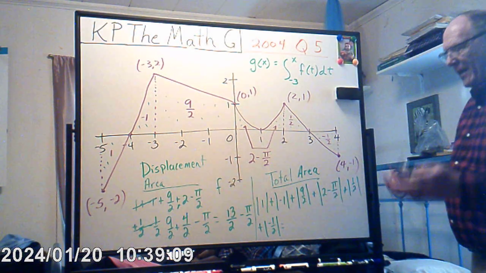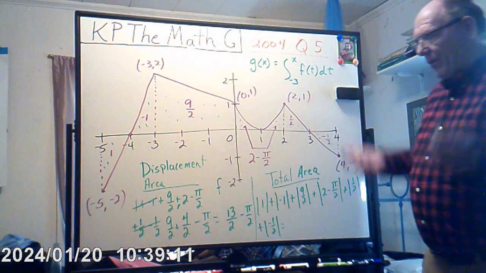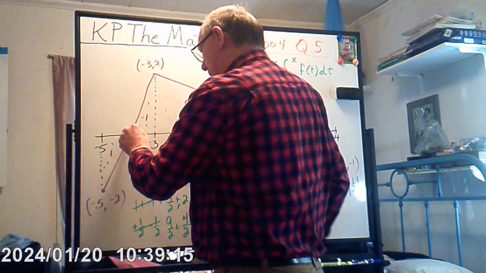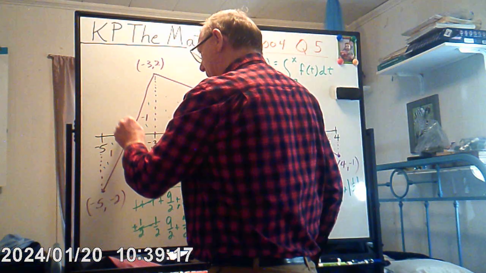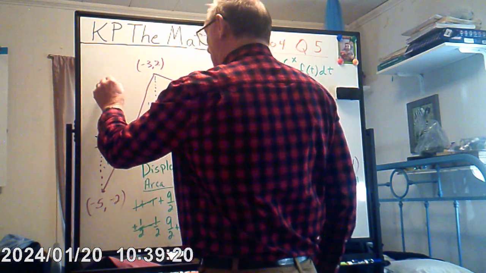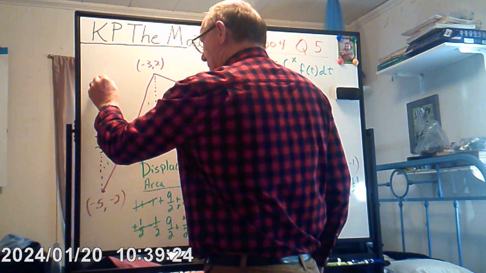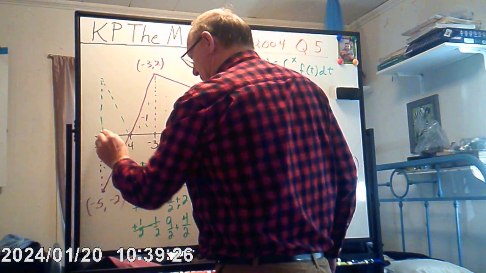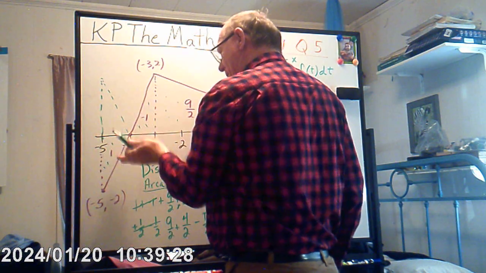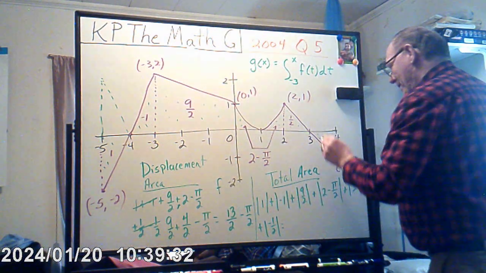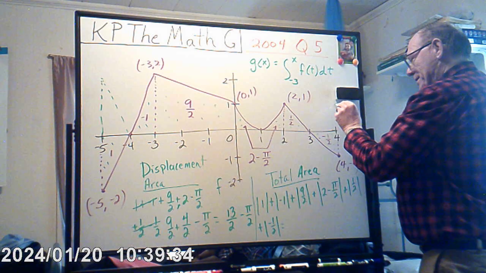Everything's positive. Total area is kind of like moving this part up here, instead of it being down here. This portion would be up here, above the x-axis. The absolute value puts it up there, and this part right here would be too.